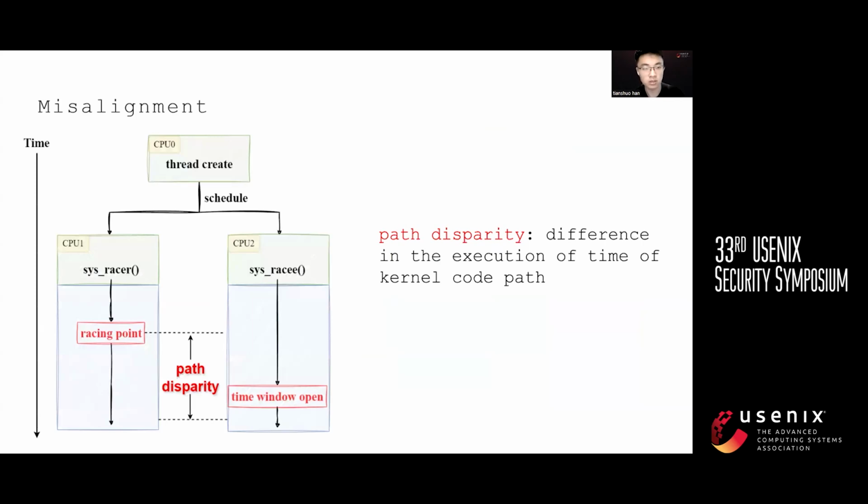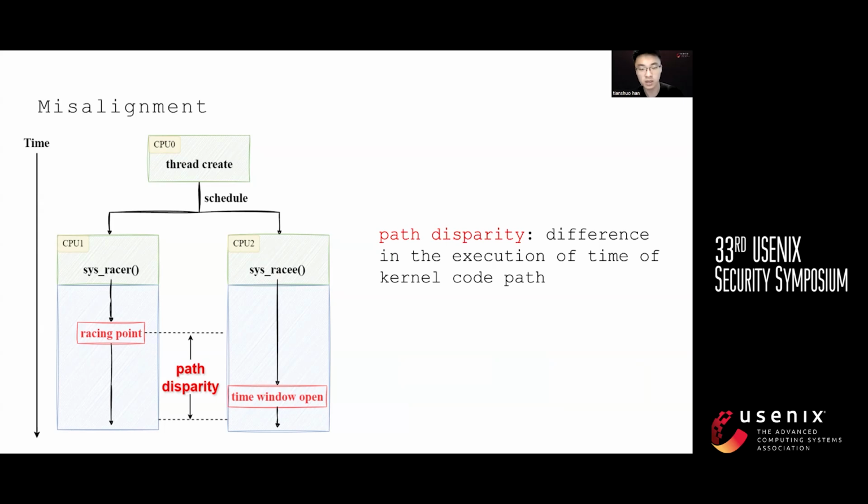When a syscall is invoked in the user space, the kernel serves it by executing some certain functions in the kernel space, which takes some time. This time is relatively stable and inherent to the syscall. So in concurrency bugs, the racing syscalls may take different times to reach their racing events from their invocation.